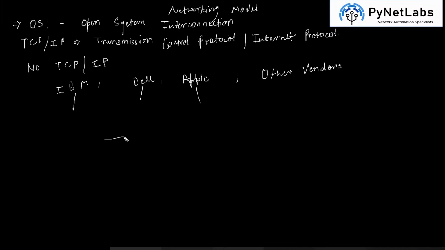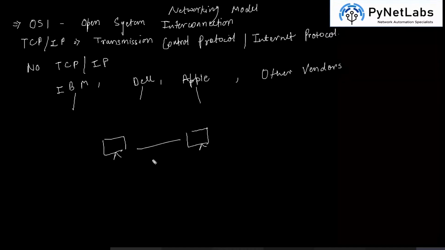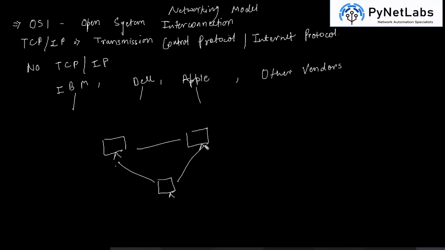Now, when a network was built only with devices of IBM, let's say these three PCs are all manufactured by IBM, then in this network the IBM proprietary networking model would work fine.